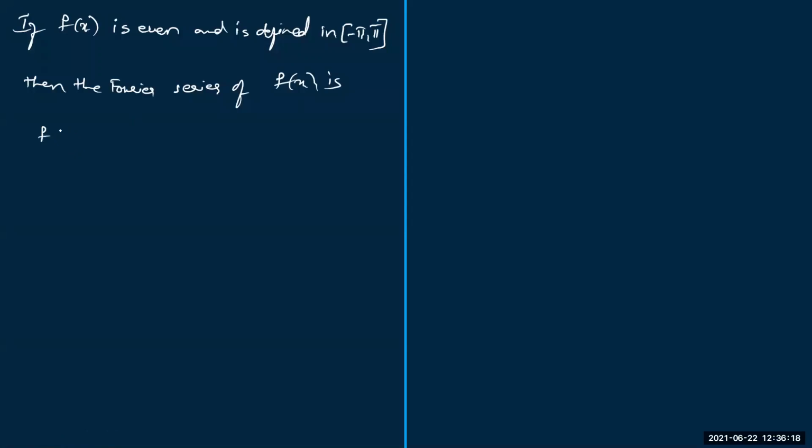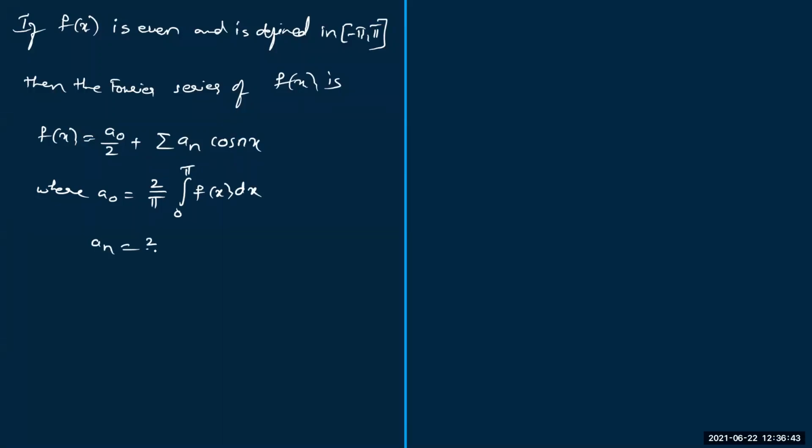Therefore, it can be written as f of x equals a naught by 2 plus summation an cos nx. For sure, we know bn is 0. That's why I'm not writing that. And here, a naught is equal to, as we discussed already, 2 by pi into integration from 0 to pi f x dx. Right? And an is equal to 2 by pi into integration from 0 to pi f x into cos nx.